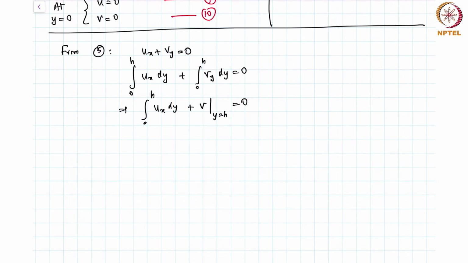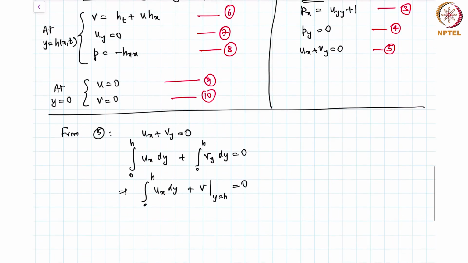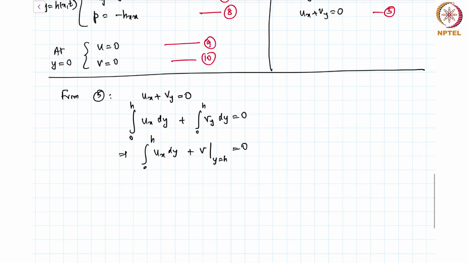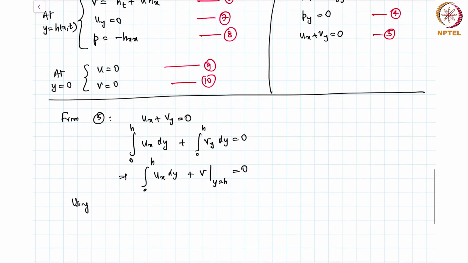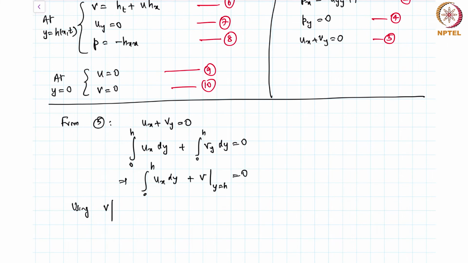And therefore I can now substitute the expression for v at y equal to h from the kinematic condition, equation 6.